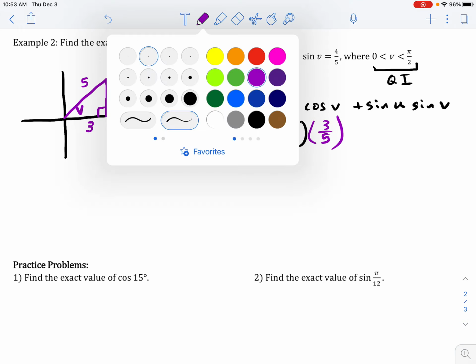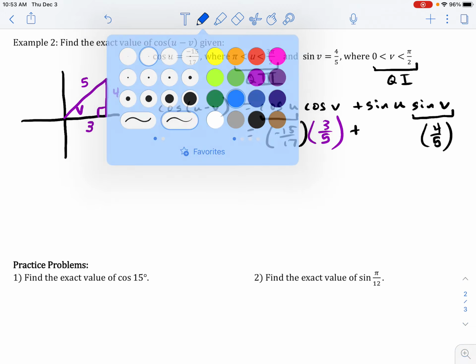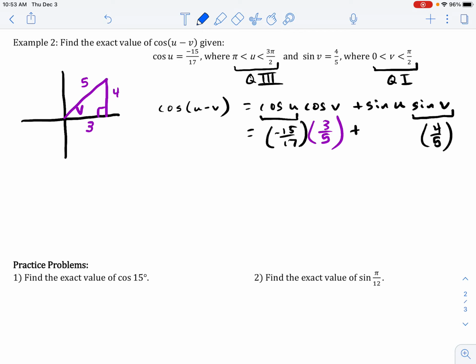Okay, and we're going to employ a similar process here for this next part. We know the sine of v that was given to us, that's 4 over 5, but we don't know the sine of u. We need to figure out what the sine of angle u is. Well, what do we know about the angle u?